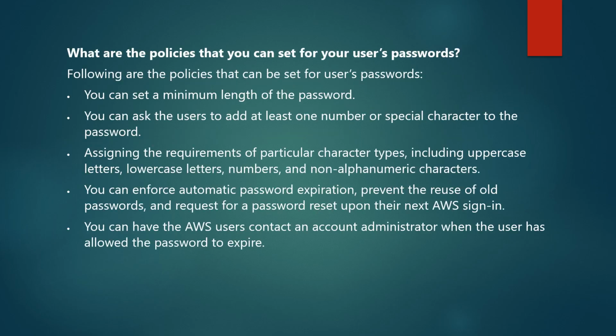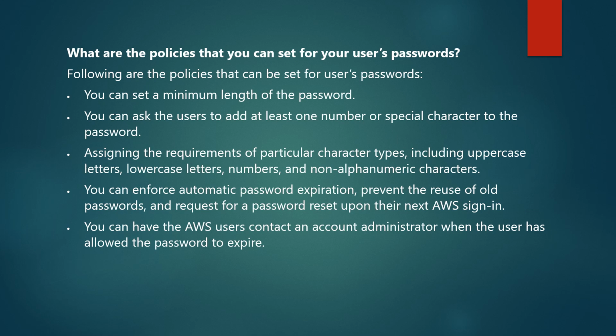What are the policies that you can set for your user's password? Following are the policies that can be set for user's password. You can set a minimum length of the password. You can ask users to add at least one number or special character to the password. You can assign the requirement of particular character types including uppercase letters, lowercase letters, numbers and non-alphanumeric characters.